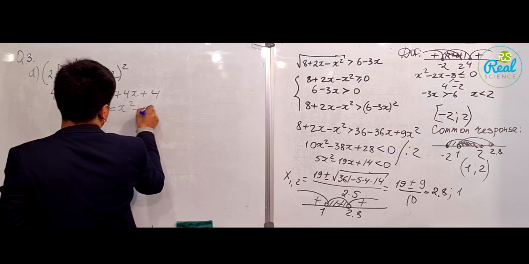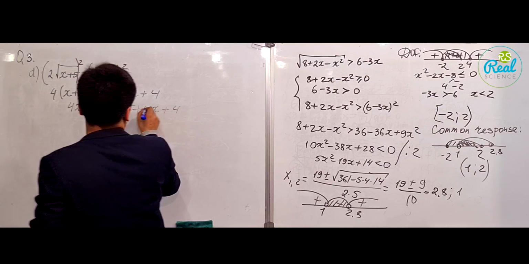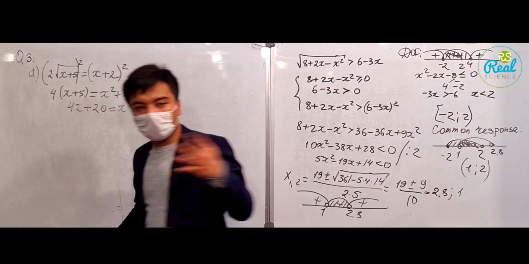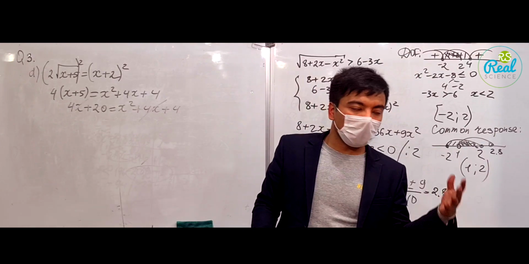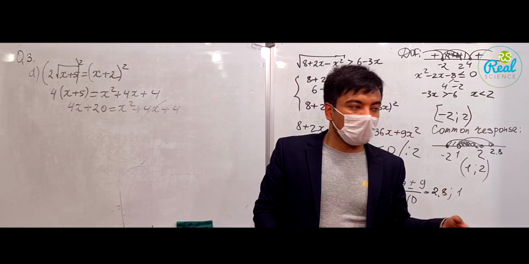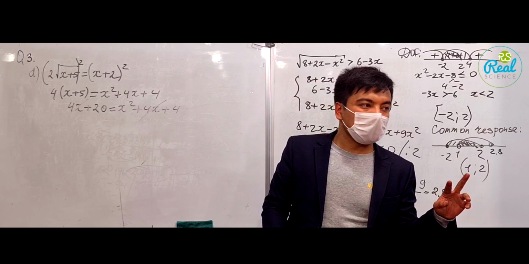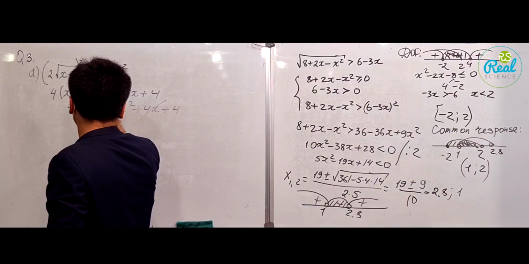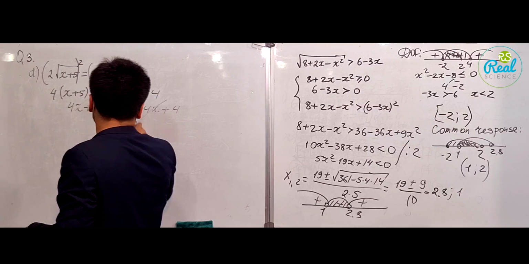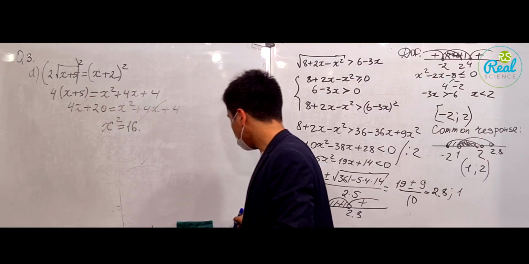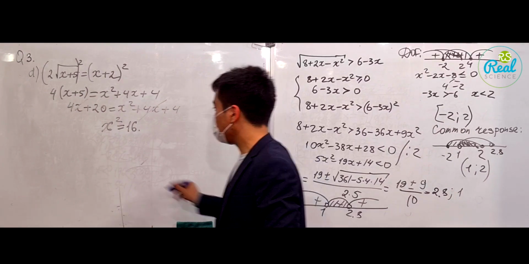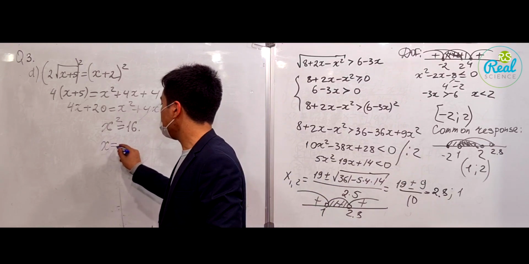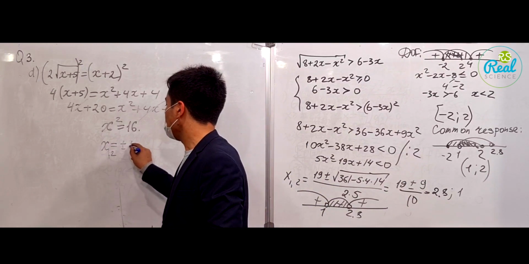X squared plus 4x plus 4, 4x and 4x cancel out because they are the same when you change the places of them. Anyway, the sum of the opposite numbers is 0, yeah? And x squared equals 16, yeah? X is plus or minus 4.